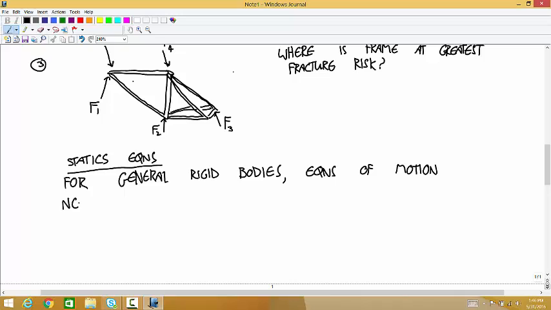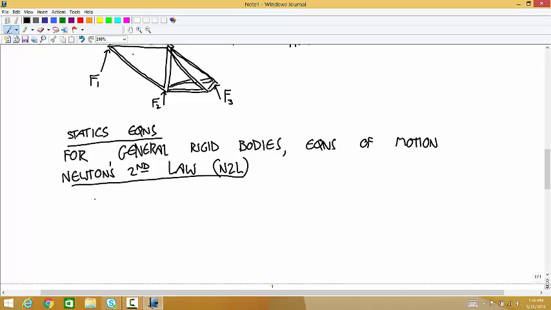Newton's second law, I always write that N2L just to save time. And that equation says the sum of all the forces, or the net force acting on a chosen body, is equal to the mass of the chosen body times the acceleration of the body's center of mass.